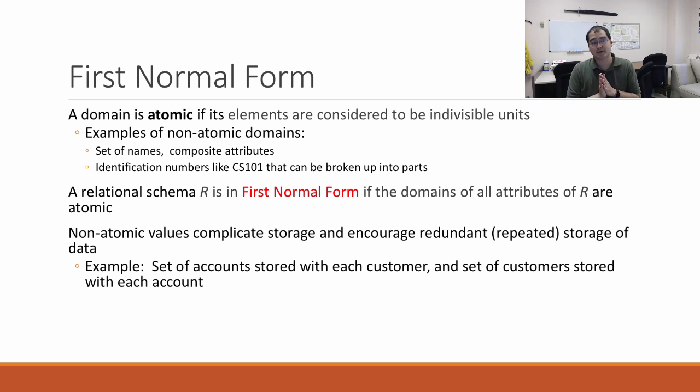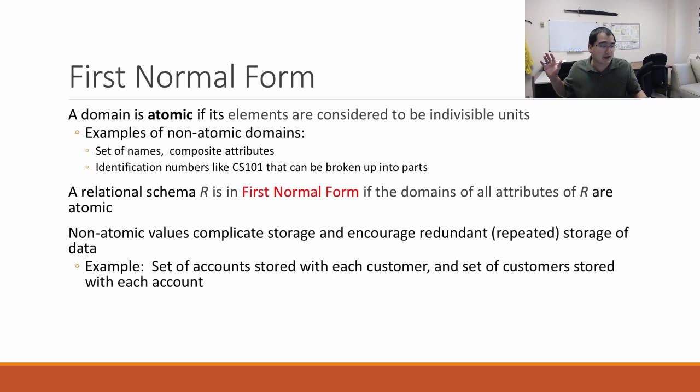All right, the reason why we're even talking about this is non-atomic values, things like CS480 or a list of friends separated by spaces or something like that. Non-atomic values complicate storage and encourage redundancy. So for instance, let's say we have a set of accounts that's stored with each customer, and we have a set of customers stored with each account. Each account can involve multiple customers, and each customer can have multiple accounts.